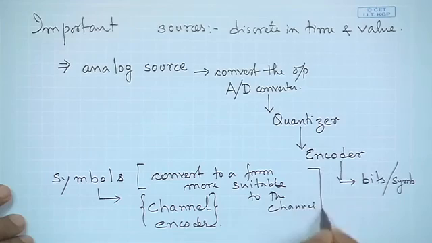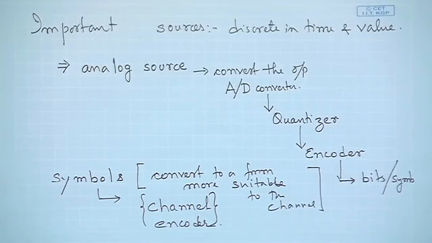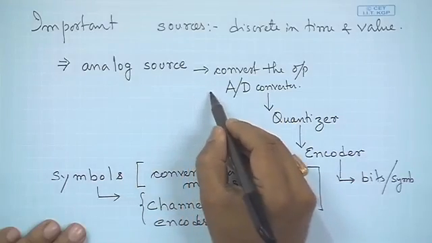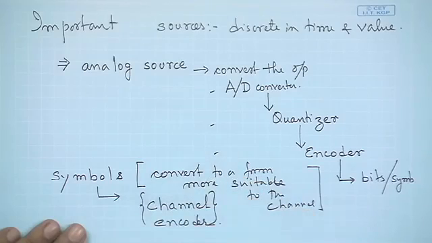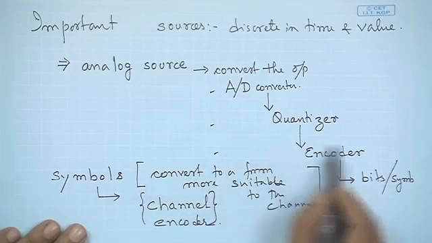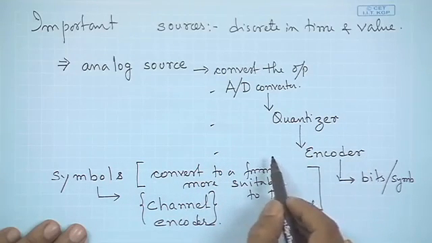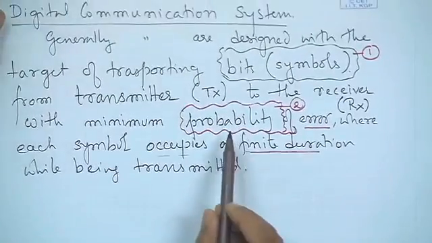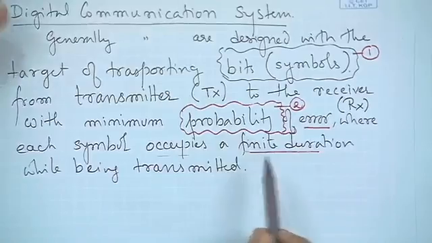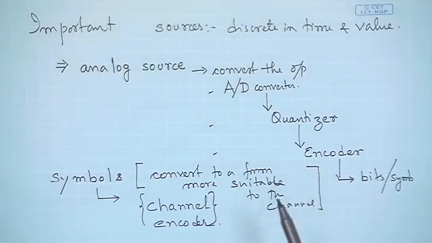We will see this in a short while. In this particular course, as we go down in time, we will take up the source encoding in a few lectures, and in that we will talk about the analog to digital converter, the quantizer, and the encoder, and we will spend a lot of time on this encoder, and while doing so we will be clear why we have talked about probability, one particular area where probability plays a vital role.